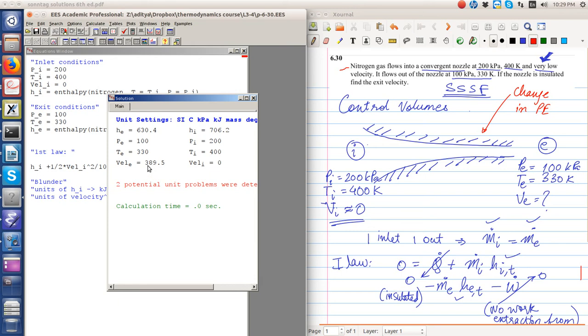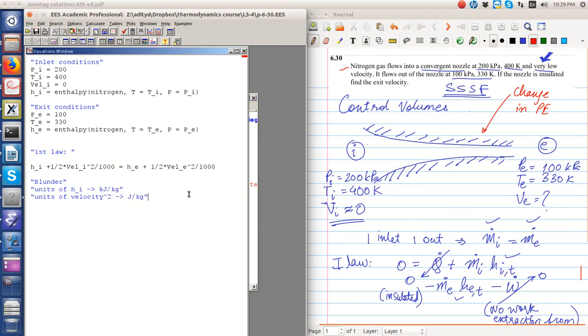So the velocity at exit is obtained as 389.5 meters per second, which is not exactly negligible. This is the solution. The sonic velocity is close to, this is approximately 1/3 Mach, which is not a negligible velocity.